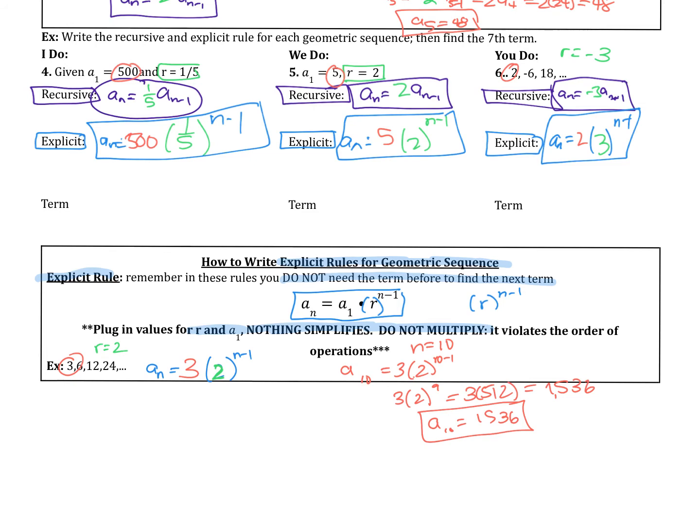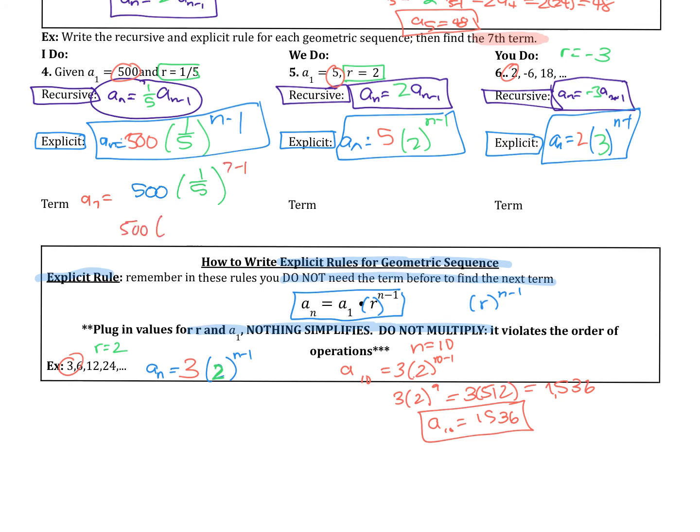So now we're going to go ahead and plug in the specific term that we're being asked for, and actually I made it a little easier on us. For each of these problems, we're going to find the 7th term. So for number 4, we can say a sub 7 equals 500 times 1/5 to the power of 7 minus 1.